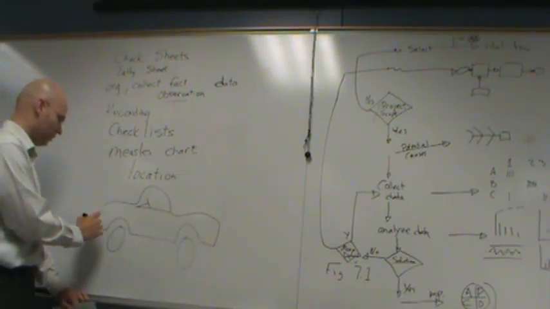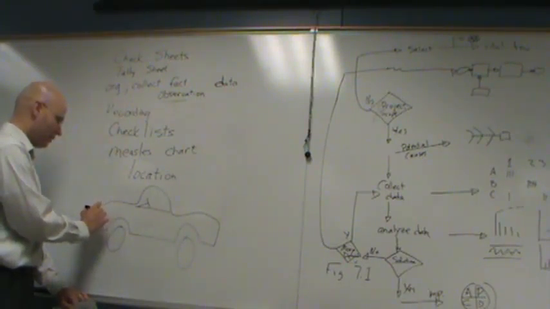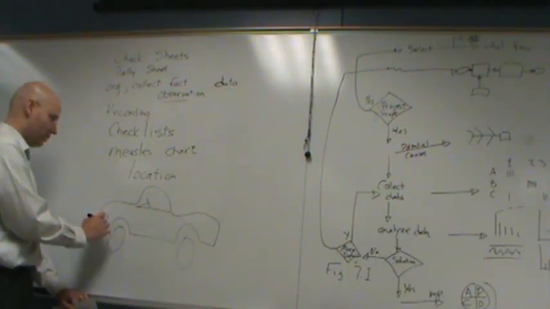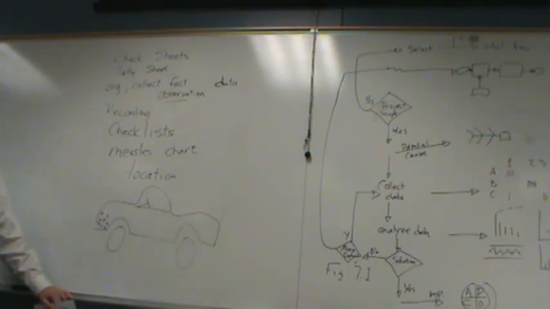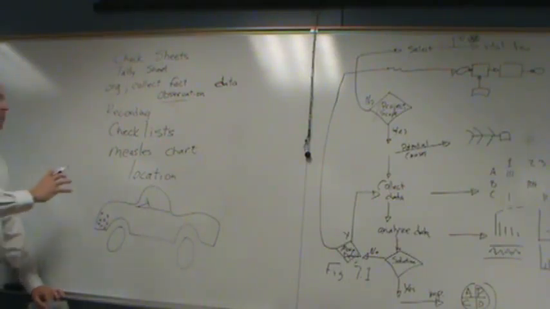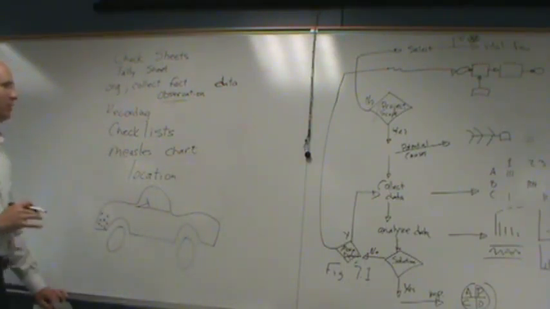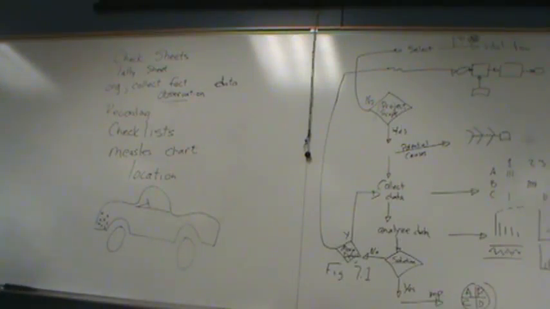You just mark on this graphic the location of where those scratches or dents occurred, and then it gives a pictorial representation of where that is happening. And the name measles comes from it looks like a bunch of dots on your product. Does that make sense? So it's a very powerful tool to communicate the frequency and location of scratches or dents.